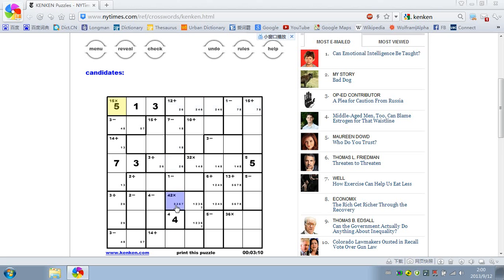Naked pair, you can now have 2, 6 here. So you cannot have 3 for this 2 because, well, actually you can. My bad. The number left for this column will be 3, 5, 7.